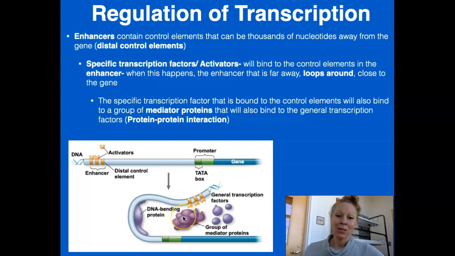This is going to mediate, or facilitate, the interaction between the enhancer region and the operon itself. The mediator protein is going to bind to the general transcription factor. So it's a protein-protein interaction.